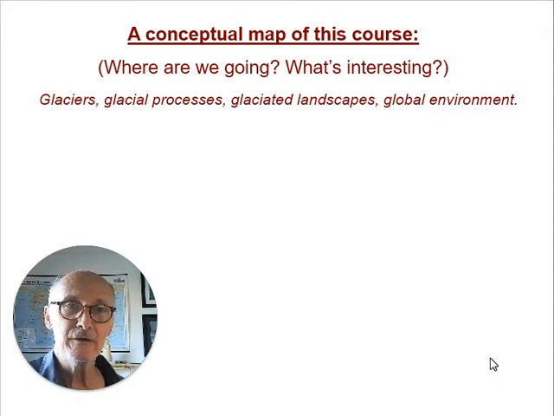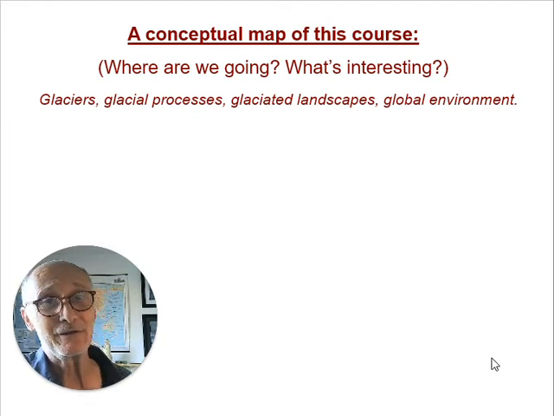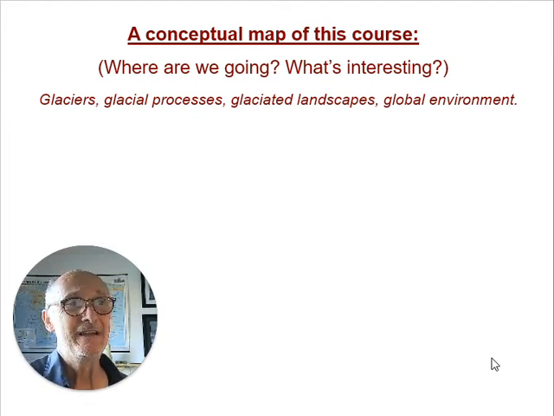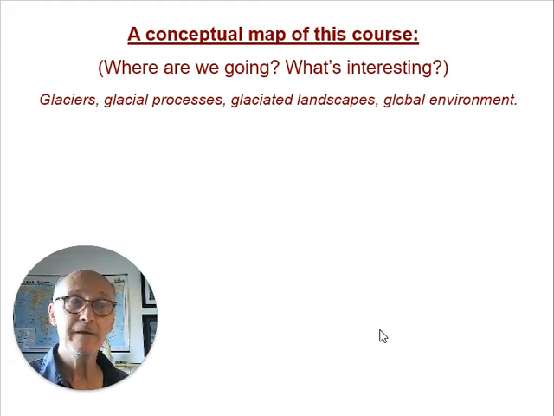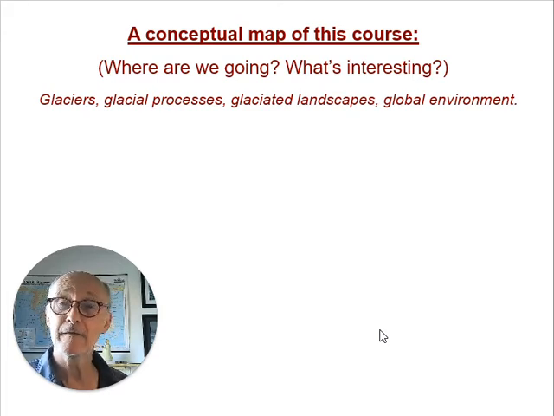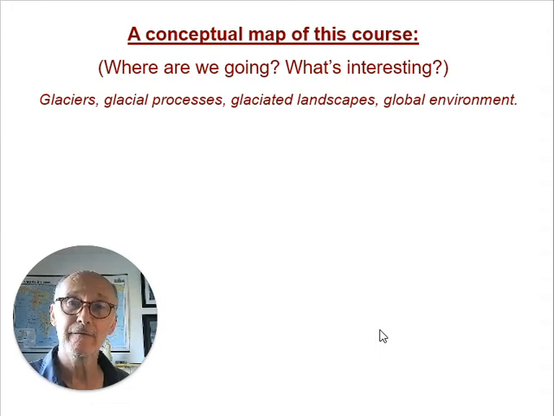At this stage, you should begin, and at this stage it can just be a blank piece of paper more or less, but I want you to begin drawing your own conceptual map of all of the components of this course. Gradually, as the course proceeds, you'll develop this map, and at the end of the module, you'll have all the different things that we've talked about set out in context relative to one another so that you can see the connections and the interactions between all these different individual things.